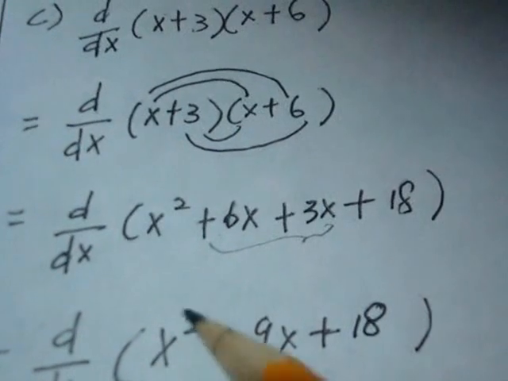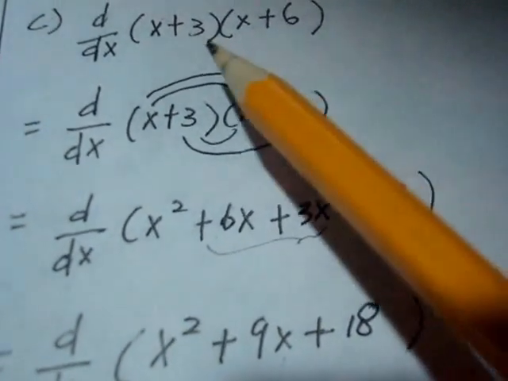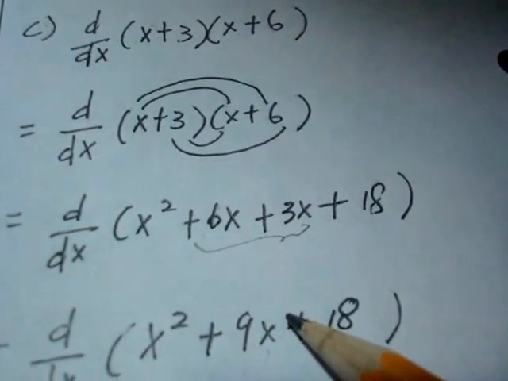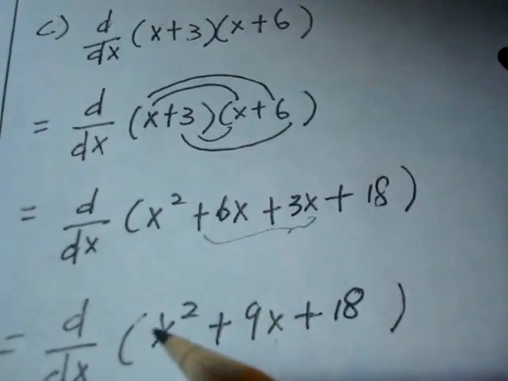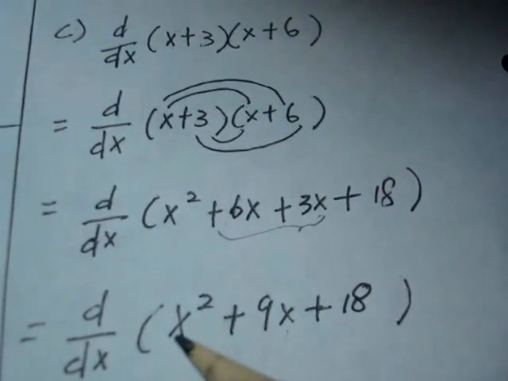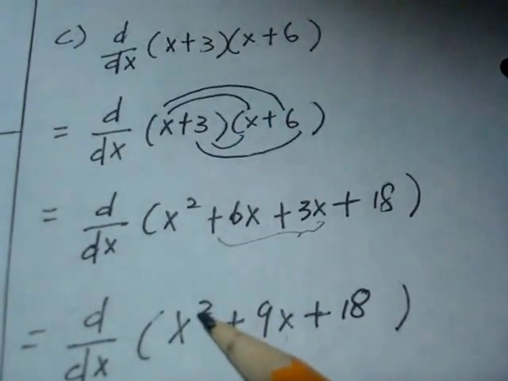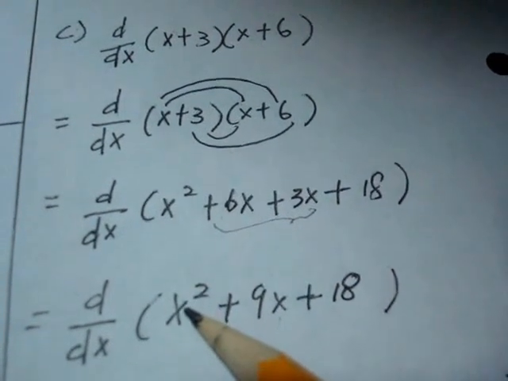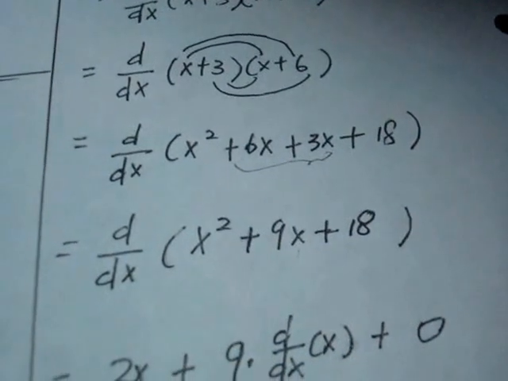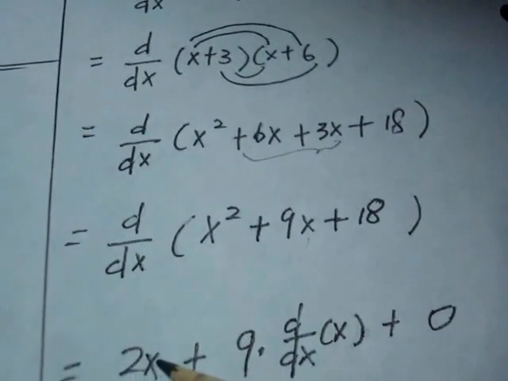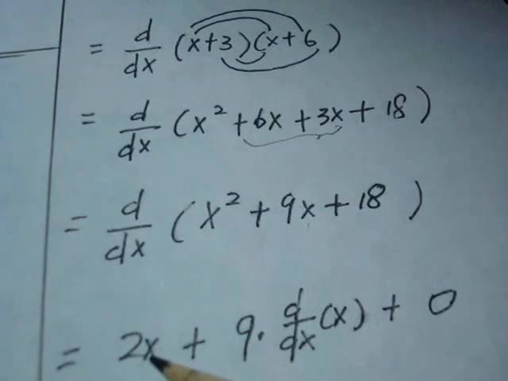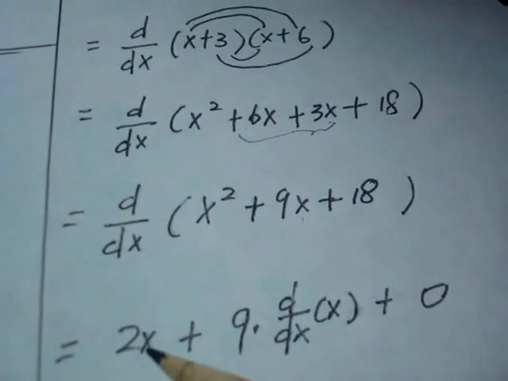Once you have this in polynomial form, it will be easier to take the derivative. To take the derivative of x to the second, you have to recognize that you need to use the power rule. The power rule always says bring down the exponent and write the x variable the same.